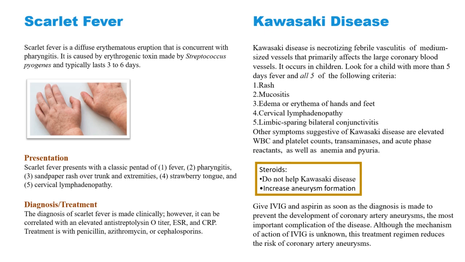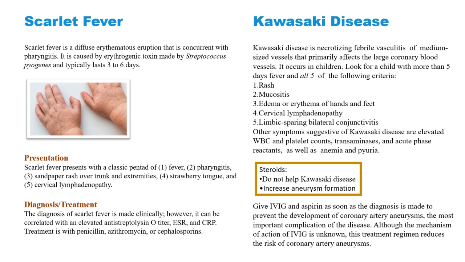You gotta look for a child with fever for more than 5 days, and 4 of the following criteria: 1, rash; 2, mucositis; 3, edema and erythema of the hands and feet; 4, cervical lymphadenopathy; and 5, limbic sparing bilateral conjunctivitis.